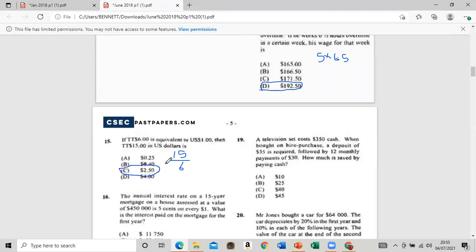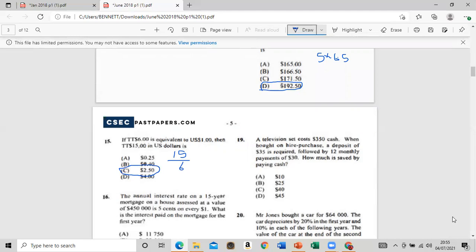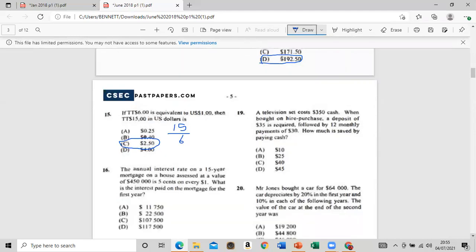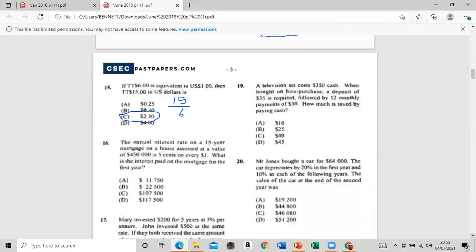Alright, the annual interest rate on a 15-year mortgage for a house is assessed at 450,000 with 5 cents on every dollar.